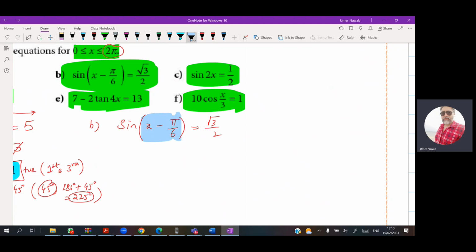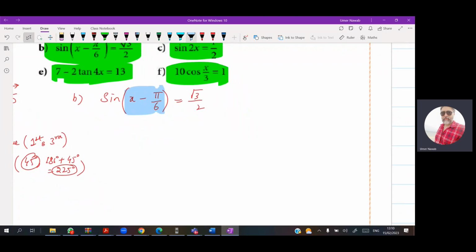Don't worry. We need to just get our acute angles first, because my basic output is positive. So if it is a positive answer, it means I'm expecting the answer in the first and the second quadrant. So what is my acute angle? The acute angle is shift sine of square root of 3 over 2.